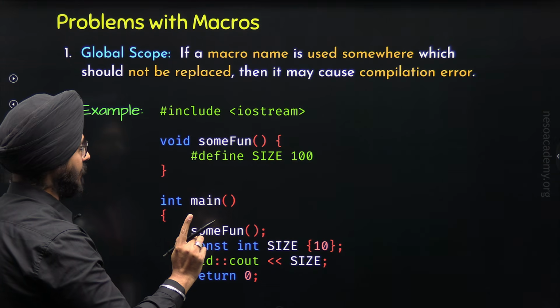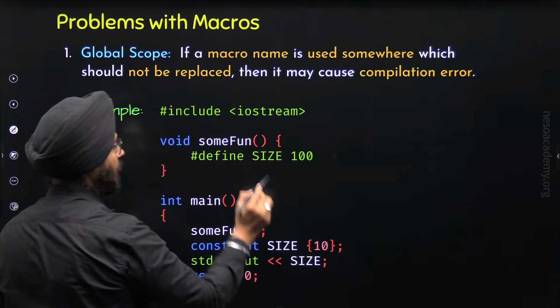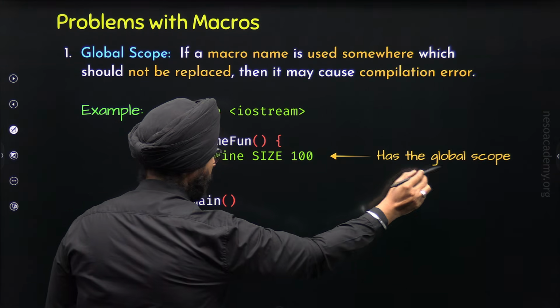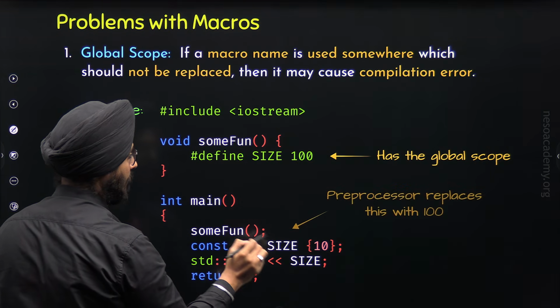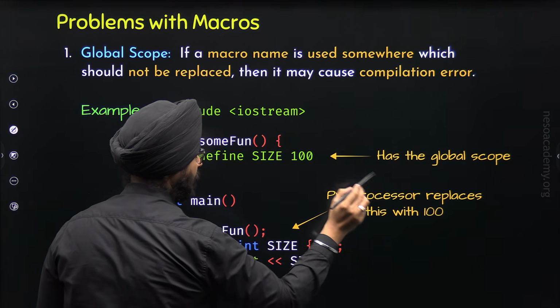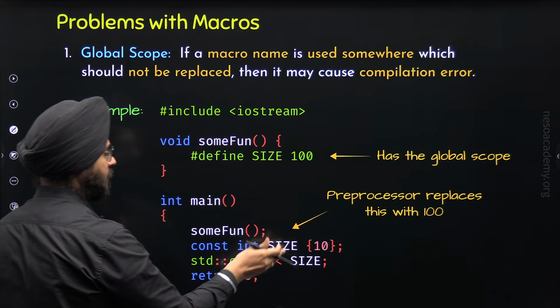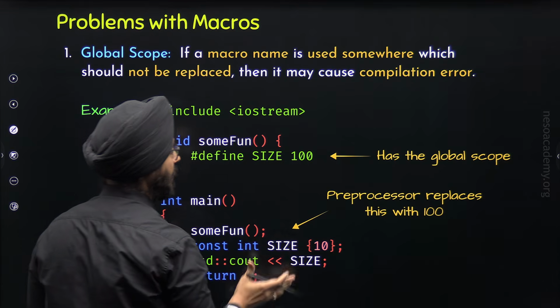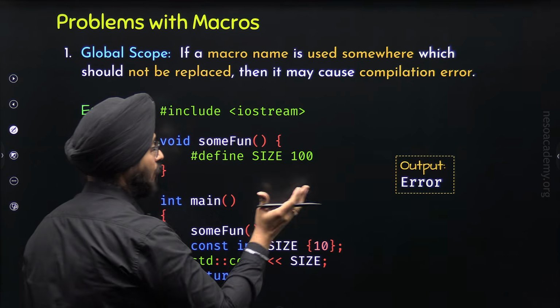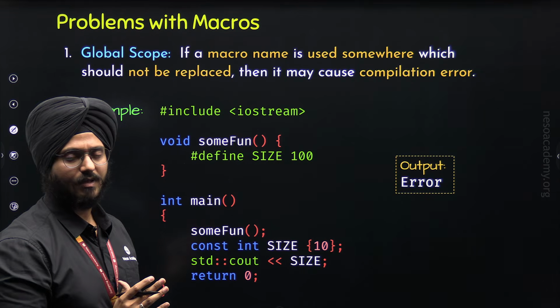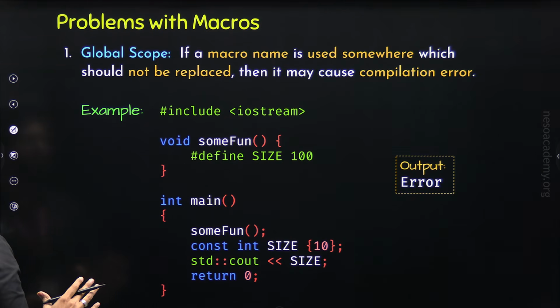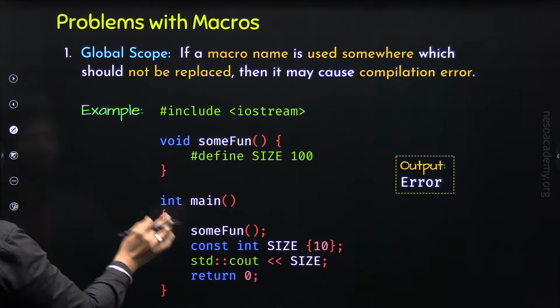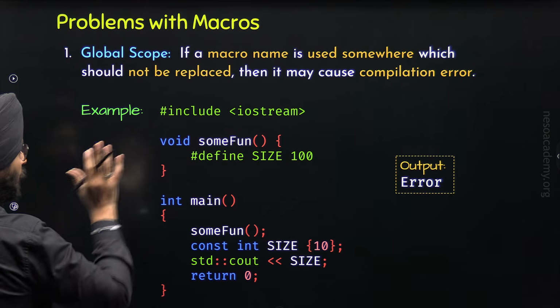We need to understand this, that this specific macro has the global scope and this will be replaced by the preprocessor with value 100. This does not make sense to the compiler, hence compiler will give us the compilation error on the screen. I hope this idea is completely clear to you. So, this is the biggest problem with a macro.